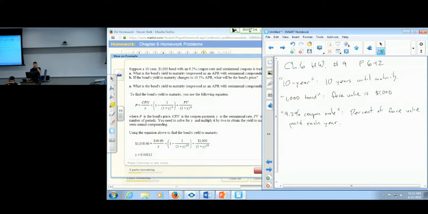And just a note here, it says specifically 9.2% coupon rate. A lot of times you're going to see it written just 9.2%. They'll just say it's a 9.2% bond, and it's on you to know that it's being quoted as the coupon rate. If it doesn't say otherwise, it's the coupon rate.